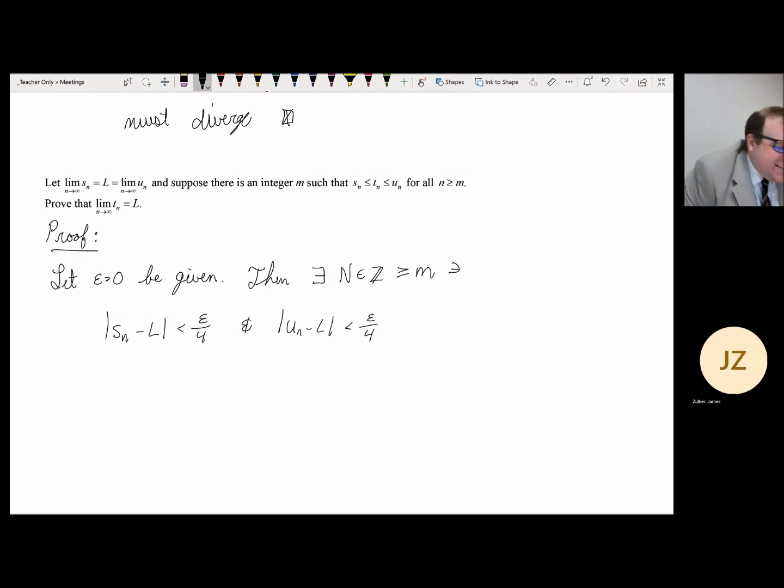Then there has to exist an integer N greater than or equal to m such that the absolute value of S sub n minus L is less than epsilon over 4, and the absolute value of U sub n minus L is less than epsilon over 4.